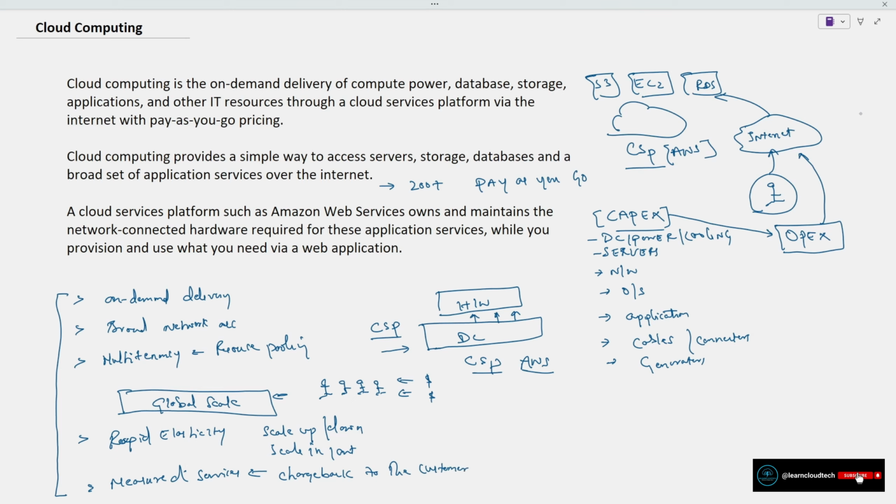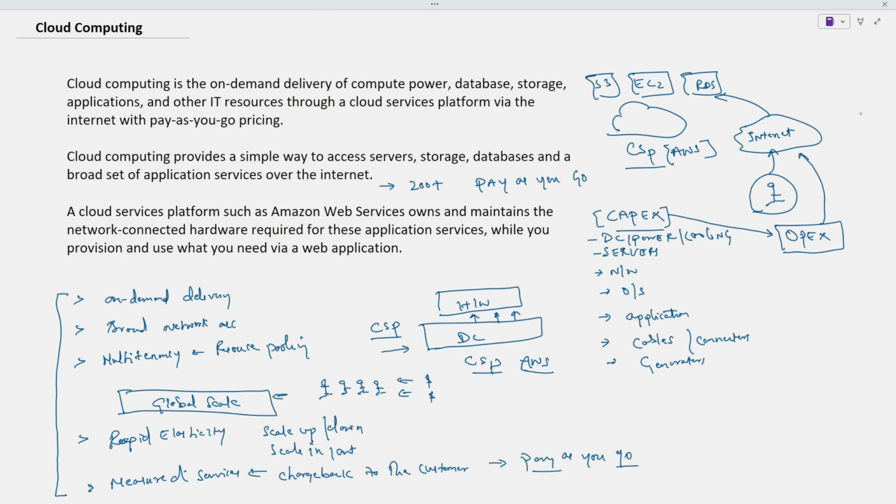Once the services are measured by the cloud service provider, they will charge only for those services. This is pay as you go. A customer will pay only for the services they have provisioned.